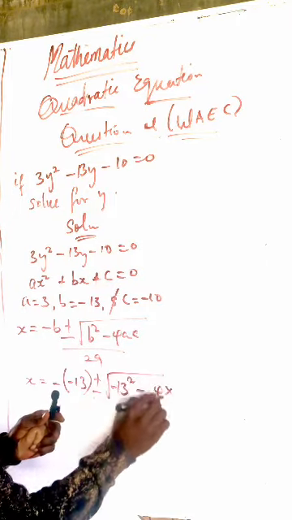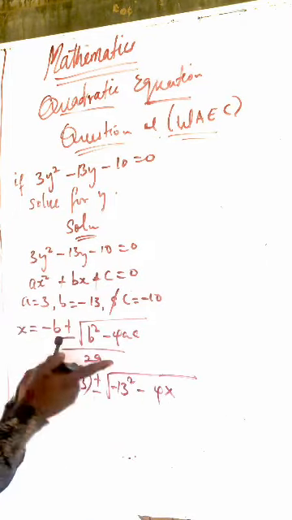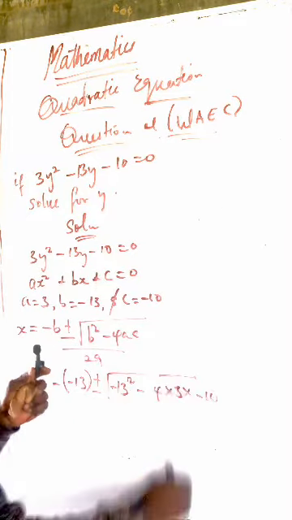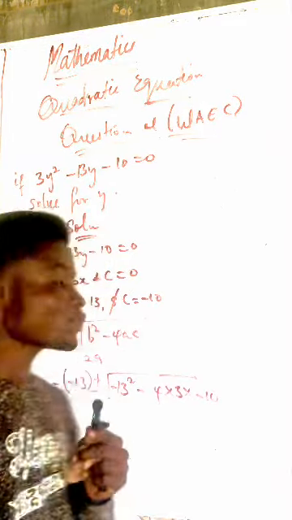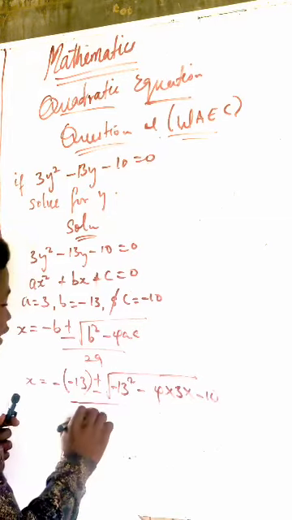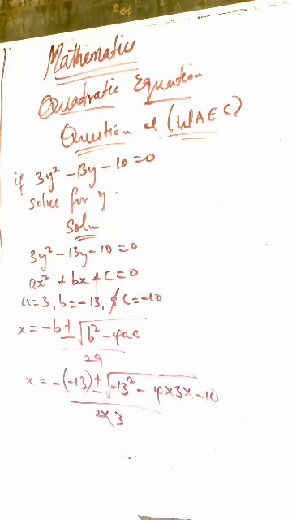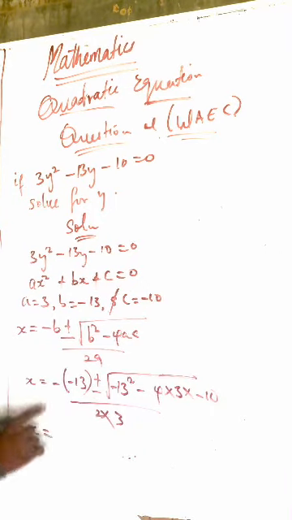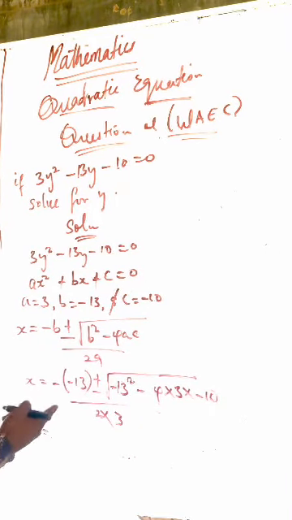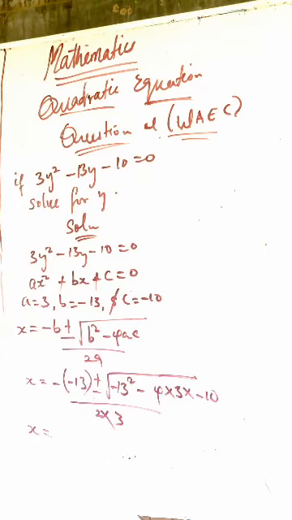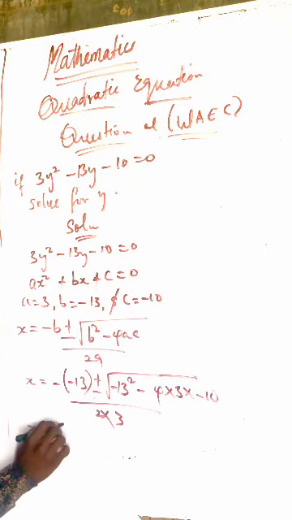Minus 4 times a, which is 3, times c, which is minus 10. All the value over 2 times a, which is 3. So x is equal to minus times minus, expanding minus open bracket minus 13, minus times minus is plus, so I have plus 13.